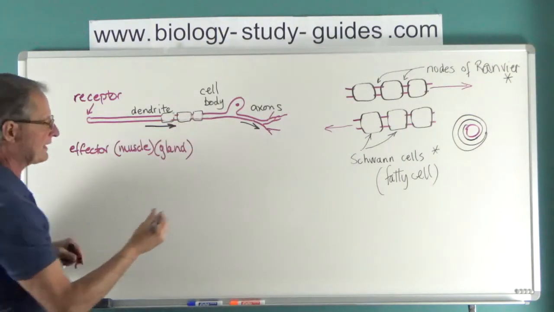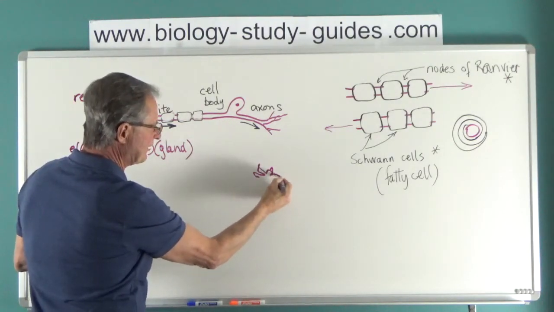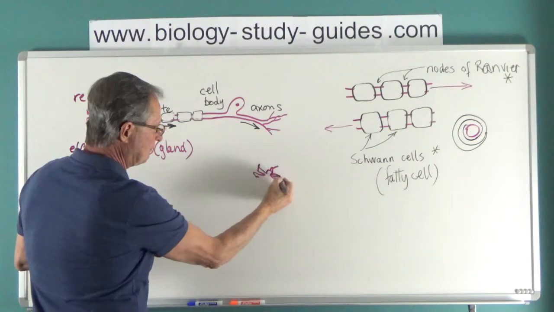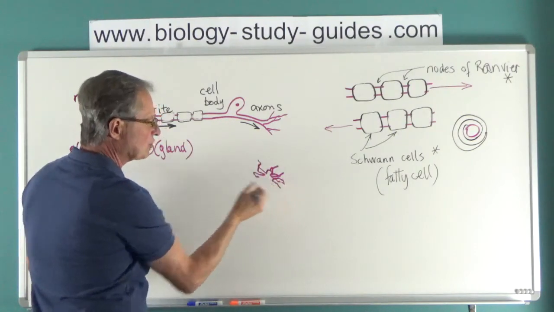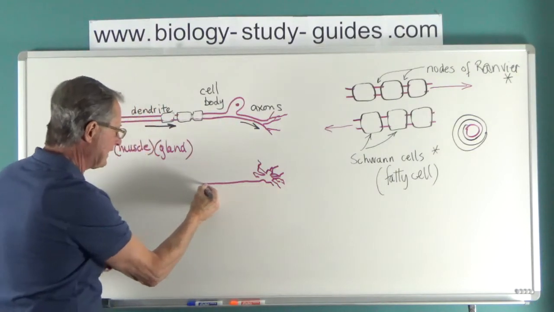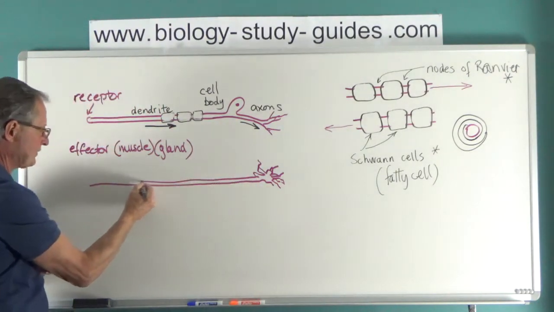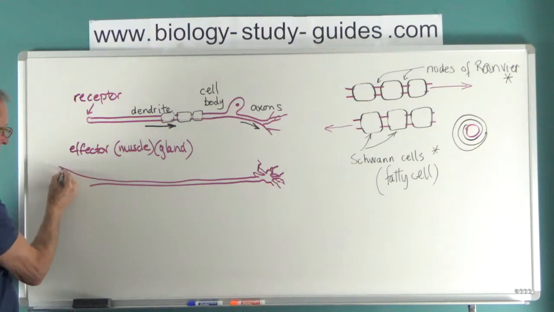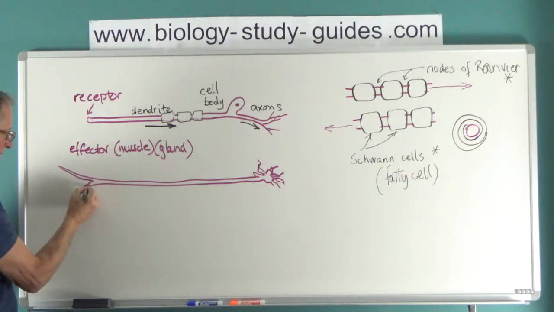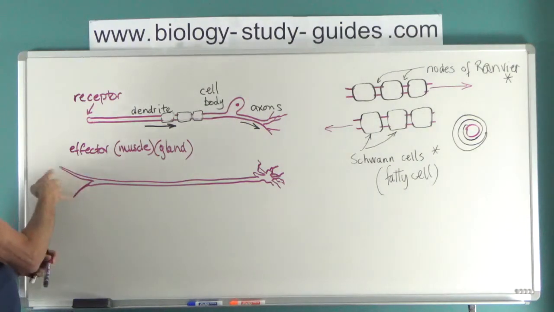They look more like this, where there's something that looks more like a squashed bug than anything else, but from that extends the long fiber. And these ones quite often branch because a motor neuron like this could be affecting more than one muscle cell out here.